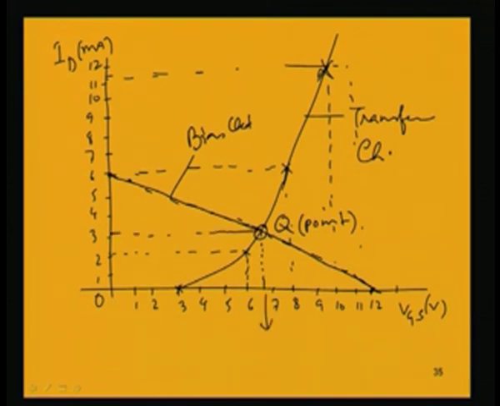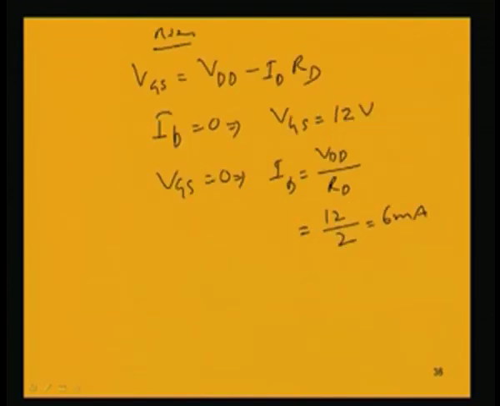This is your VGSQ, this is your IDQ, which will be 6.4 volt and 2.75 milliampere. So, we get the Q point as 6.4 volt and 2.75 milliampere.